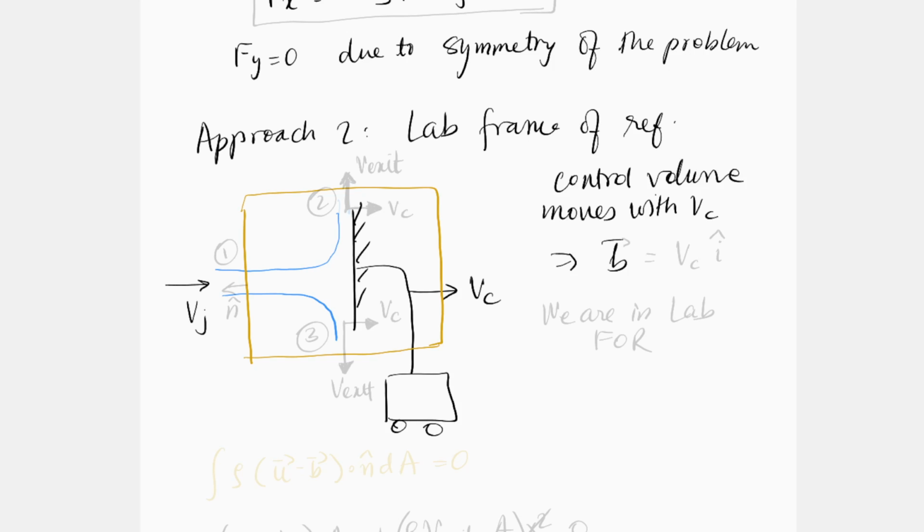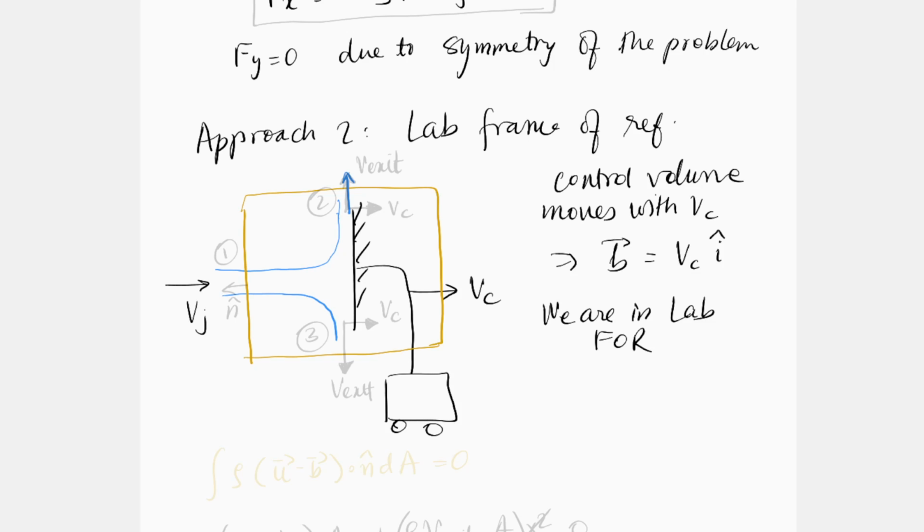This implies that the b vector is equal to Vc i. But we are in the lab frame of reference. So in the lab frame of reference, let us now write down all the equations. Before doing that, the water which exits at this point will have a velocity which is the same as the velocity of the cart at this point.